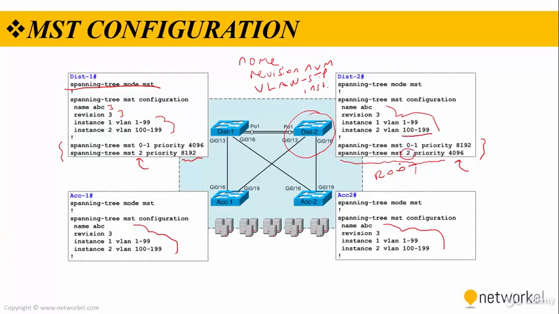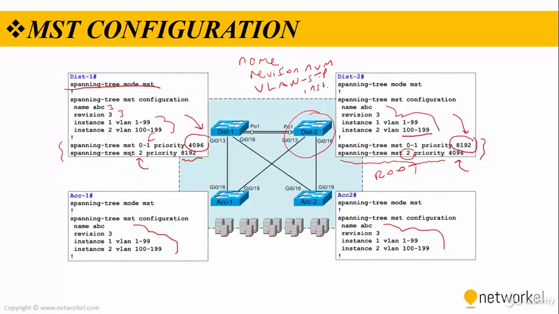On the other hand, we have configured spanning-tree mst 0-1 priority to 4000 and so on for this one, and we have configured 8000 or something for distribution 2.